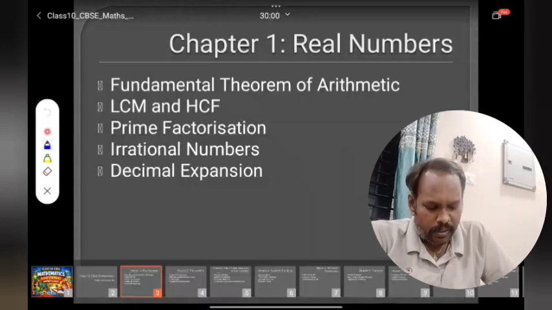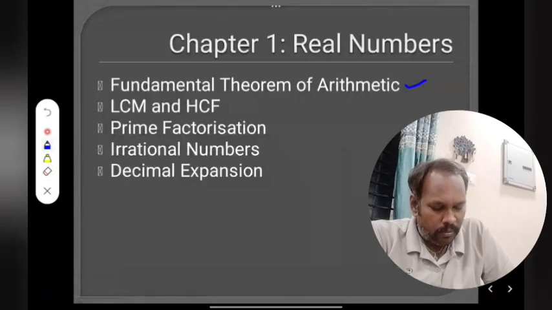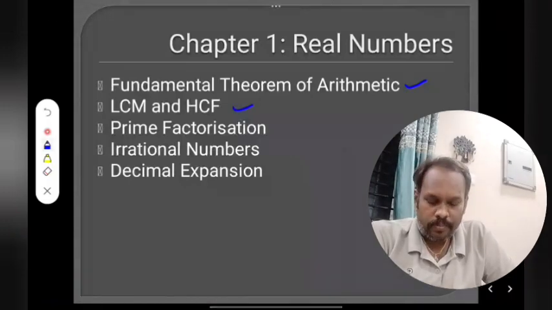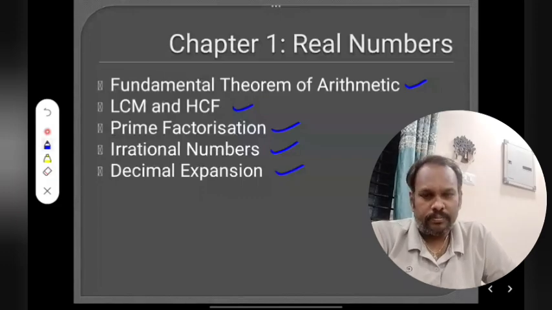In this real numbers, you have to learn fundamental theorem of arithmetic, LCM and HCF, prime factorization method, irrational numbers, proving the given number is irrational, and decimal expansion.